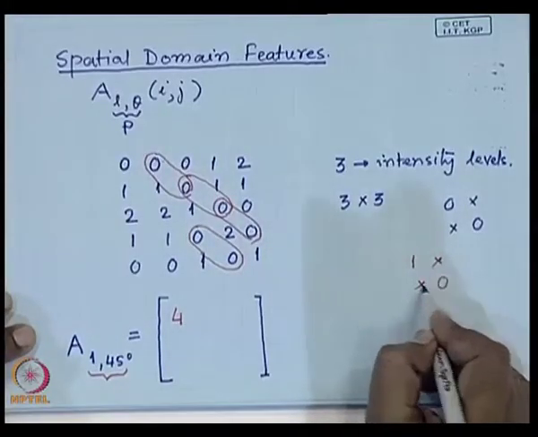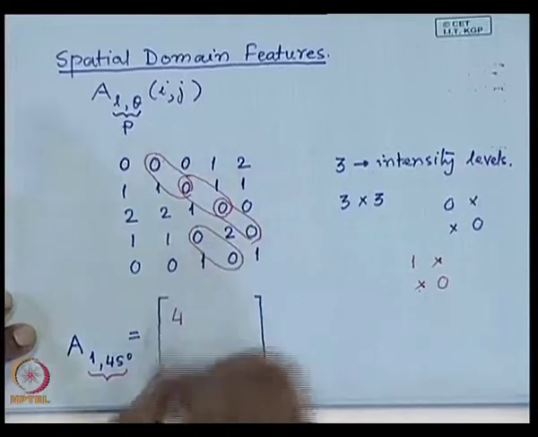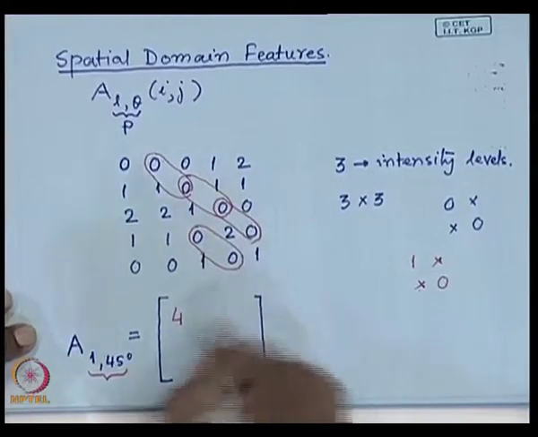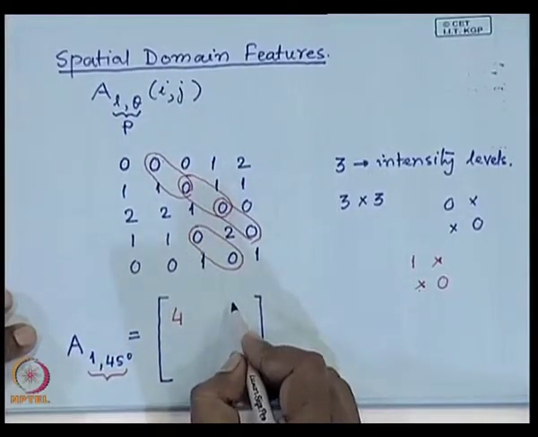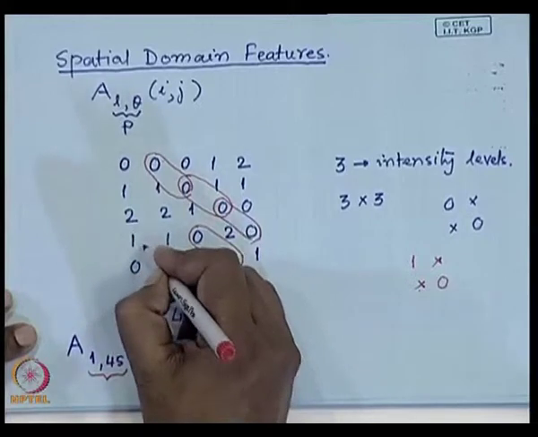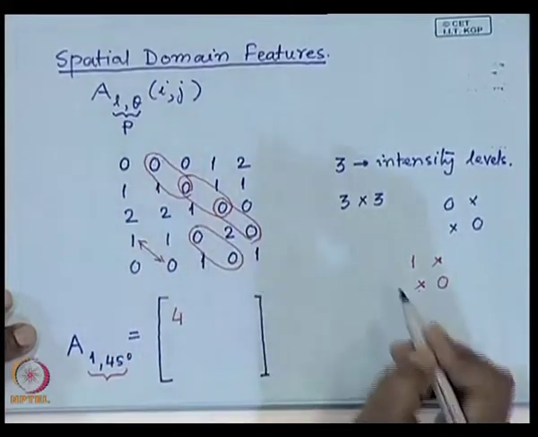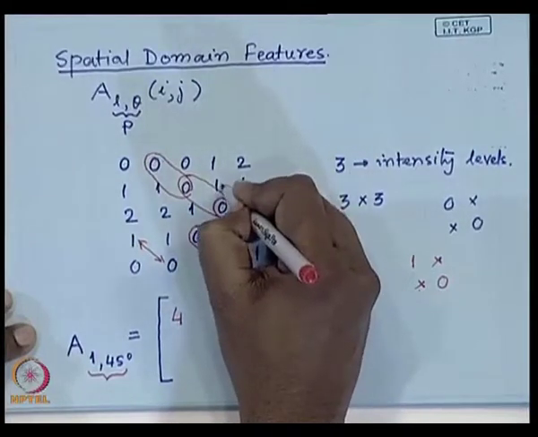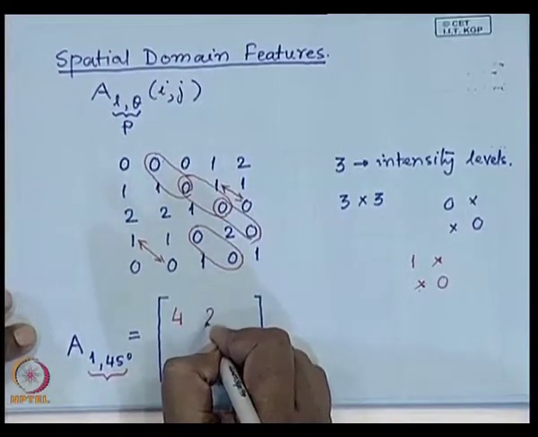I do not bother about these 2, whatever be the value of these 2, that is immaterial to me. Okay. So, how many such occurrences do I have within this image? 1 0, pardon, 1 is over here, 1 0 and 1 is over here. Okay. So, this value will be 2.